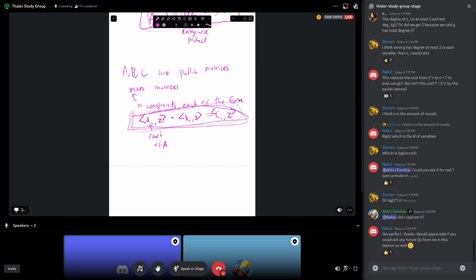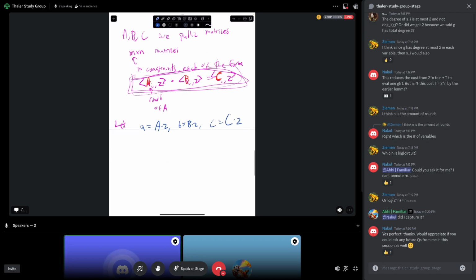All right, the way Spartan will work is the following. Sorry, I don't want to overload notation here. Let me make this capital A, capital B, and capital C. Let me call little a times z, little b times z, and little c times z.